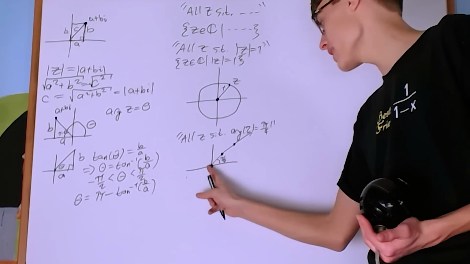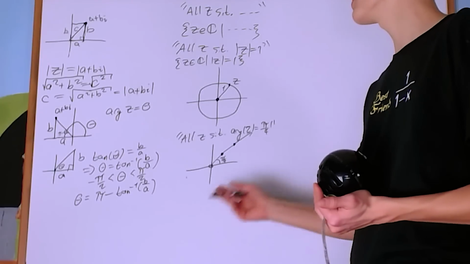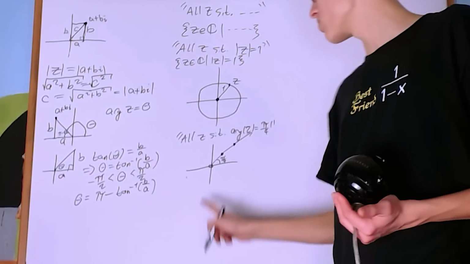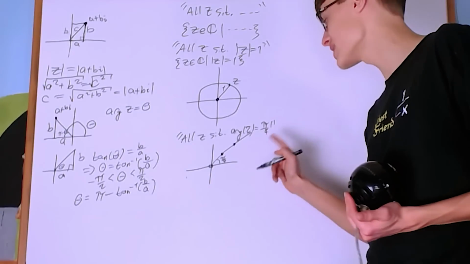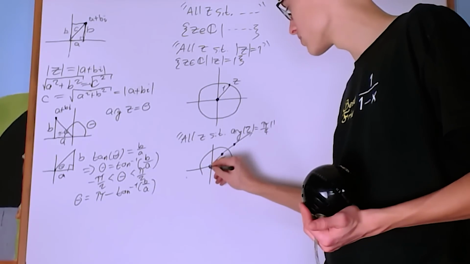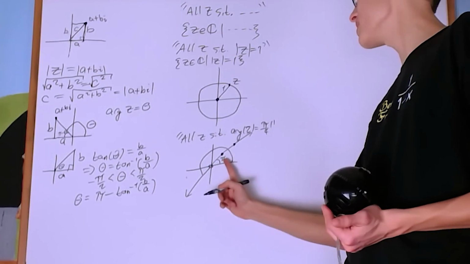Now the reason why it doesn't go backwards is because we define the argument to be different for this quadrant. This quadrant will have a different angle, so this line right here will have a different angle from this one.